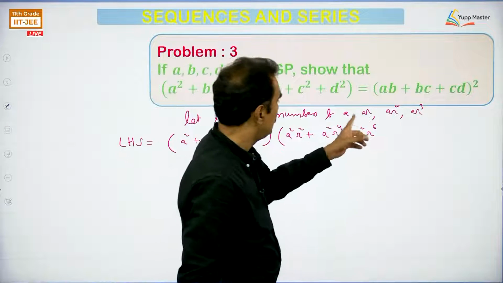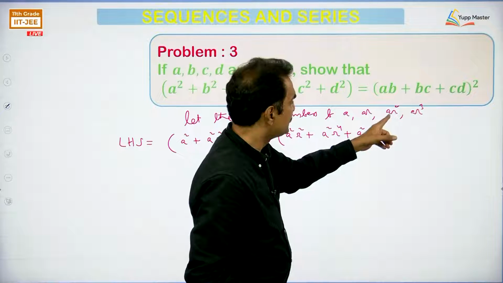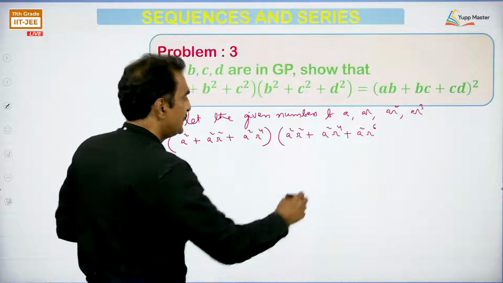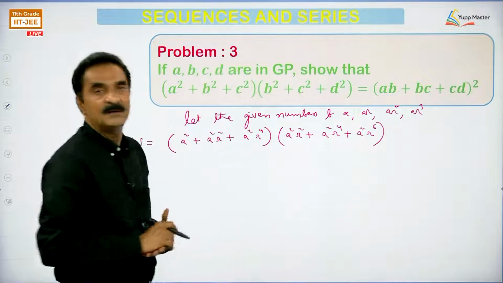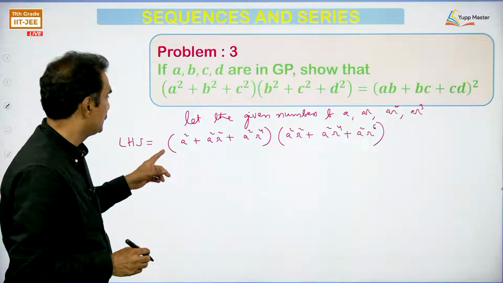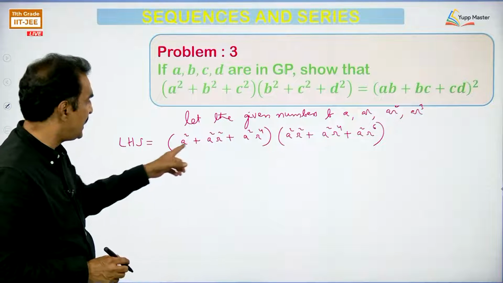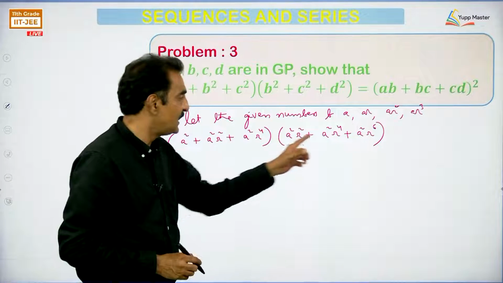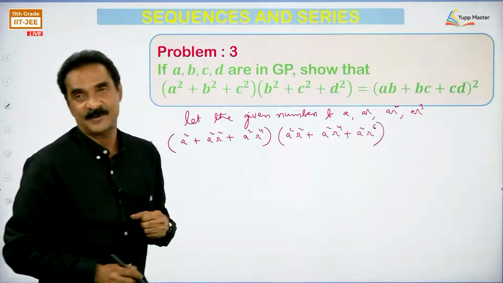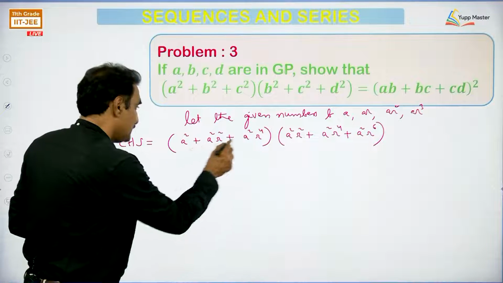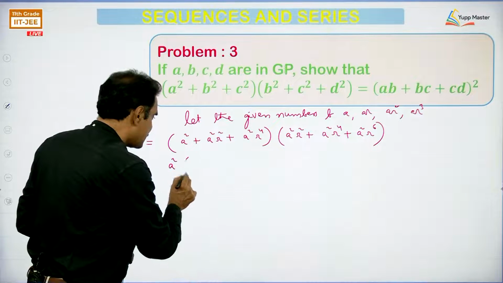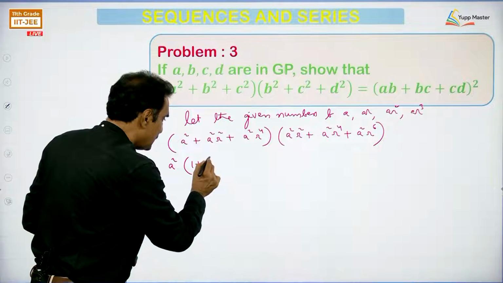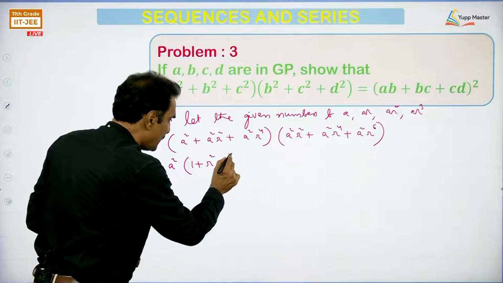Now, taking a square common from here, and here a square r square is common. Taking a square common here, a square into 1 plus r square plus r power 4.